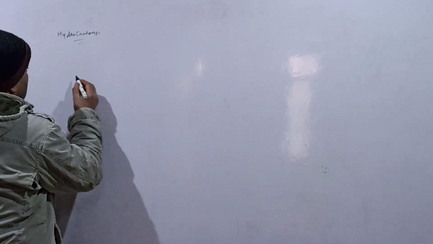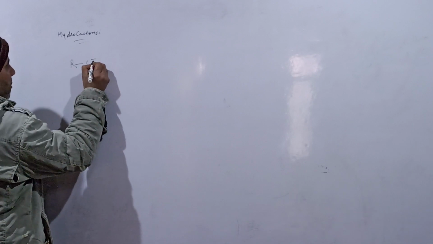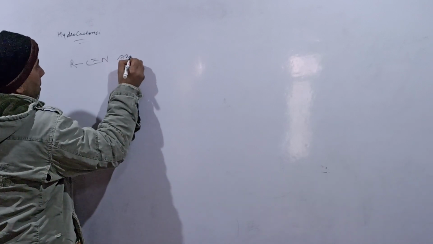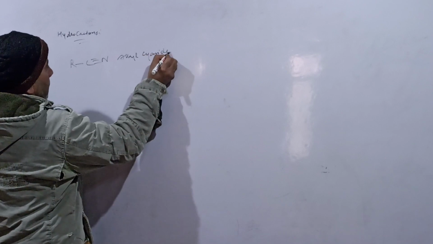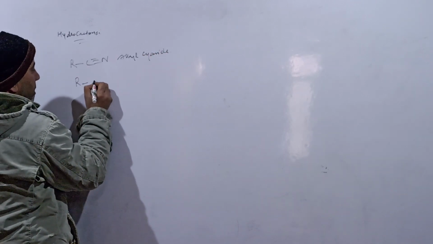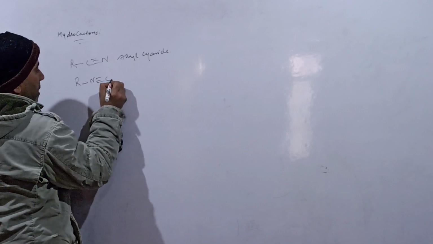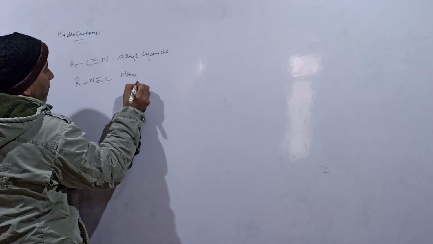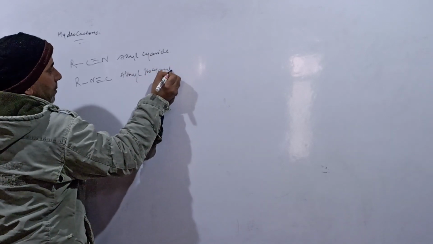For example, this will be R single bond C triple bond N, and this will be called alkyl cyanide. If we represent R single bond N triple bond C, this will be called alkyl isocyanide.